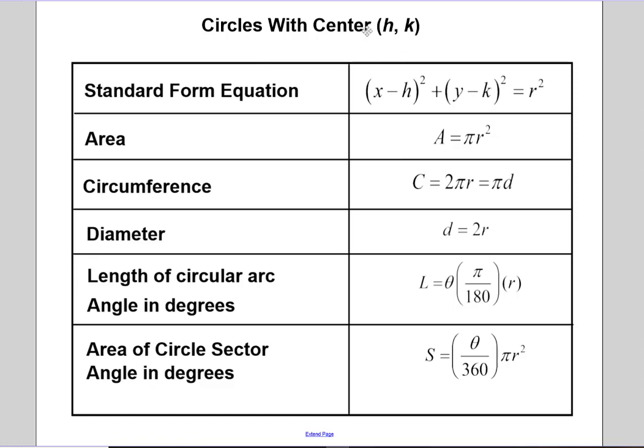I think one thing's missing, excuse me. You're missing x squared plus y squared equals r squared, which is standard form when your center is at 0, 0 at the origin. So like I said, turn the camera off and complete this on your paper, and then come back to join me when you're done.